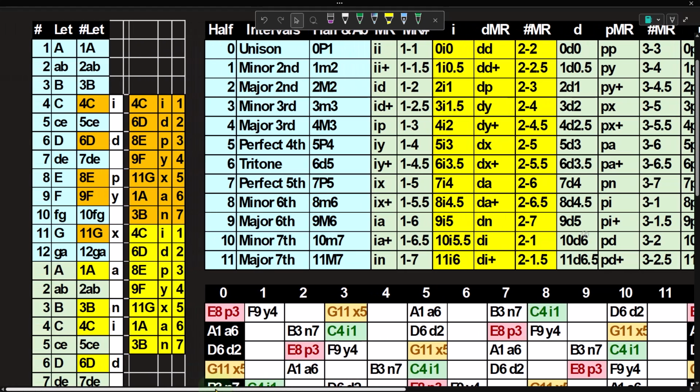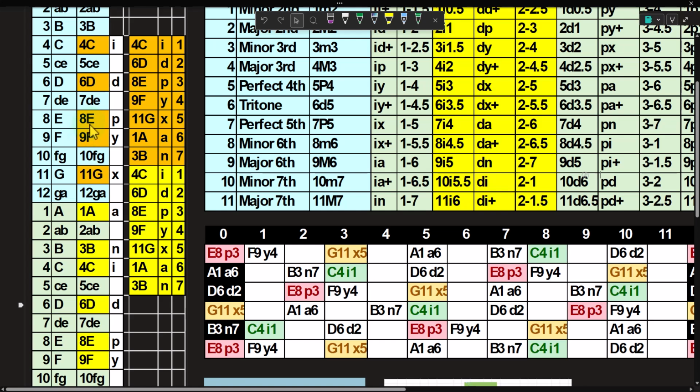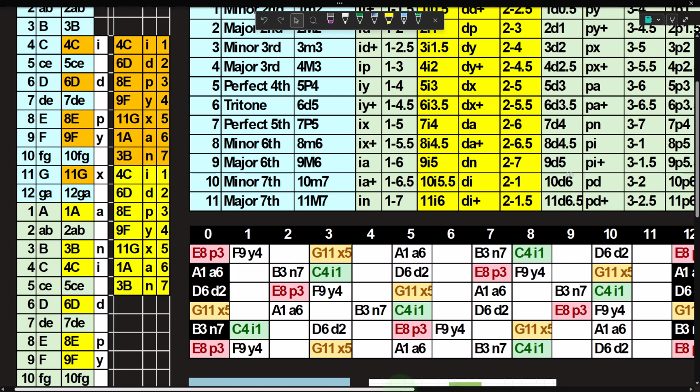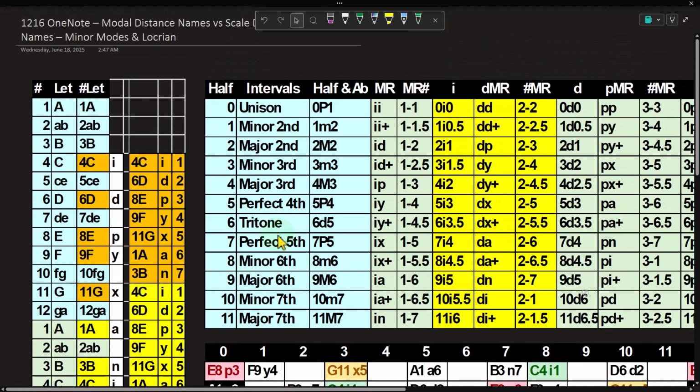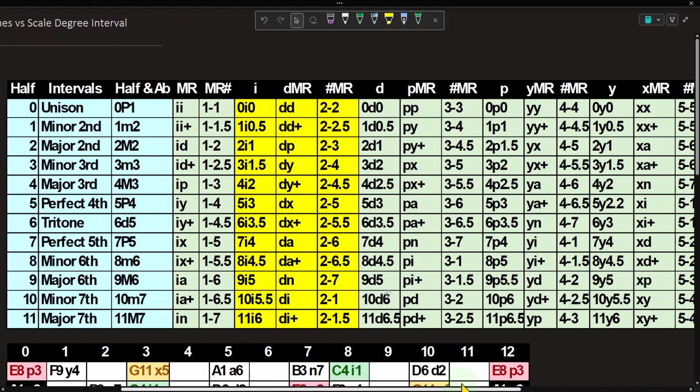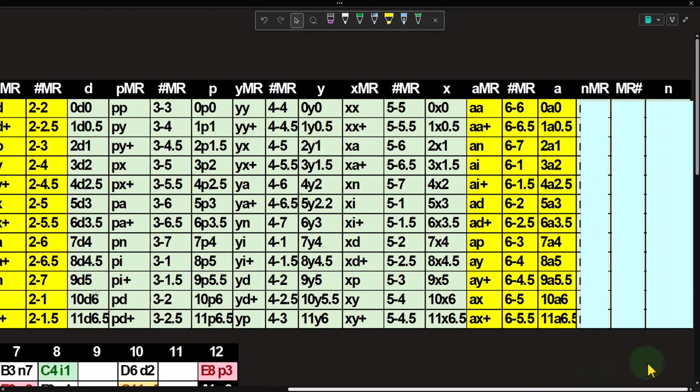So if I go 11 up from the Phrygian: 1, 2, 3, 4, 5, 6, 7, 8, 9, 10, 11 lands you in the ocean, right? And that would be 6.5 up here: 1, 2, 3, 4, 5, 6.5 would be just above the D, which you would think would be 7.5 in scale degree terminology if you use the proper term.